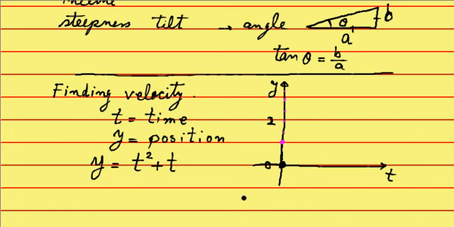When t is 1, the object is here. It has traveled from this point to that point. When t is equal to 2, the object is at 2 squared plus 2, that is 6. 2, 4, 6.